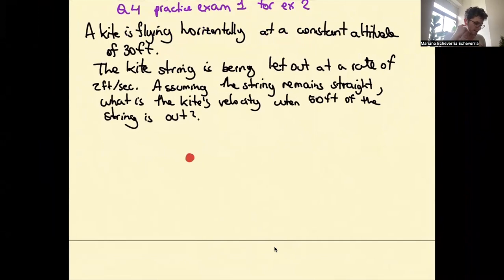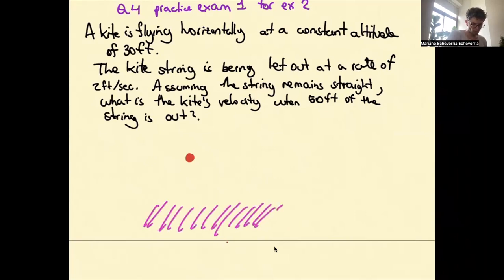You have a kite, which is always at 30 feet. So the kite is moving horizontally, right? So let's draw a picture for the ground level. It always maintains an altitude of 30 feet.